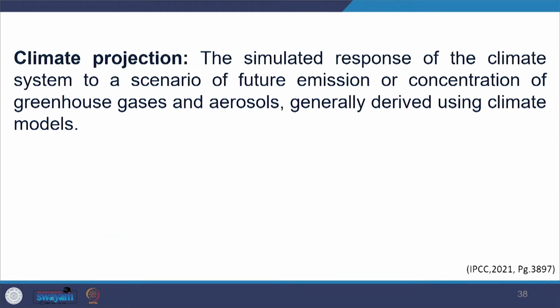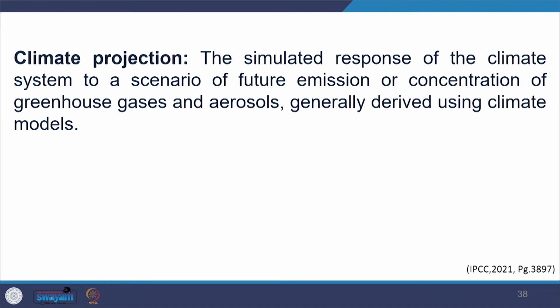And now looking at climate projection. The climate projection is the simulated results of the climate system to various scenarios. So, we see what kind of scenarios will happen and how our climate would be. That's about climate projection, and climate projections are different from prediction.